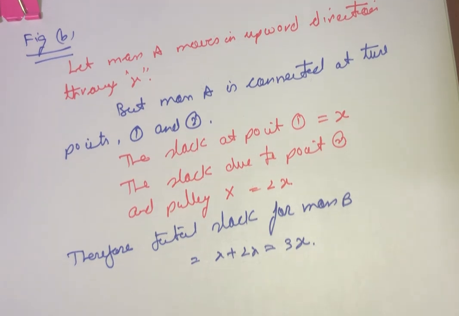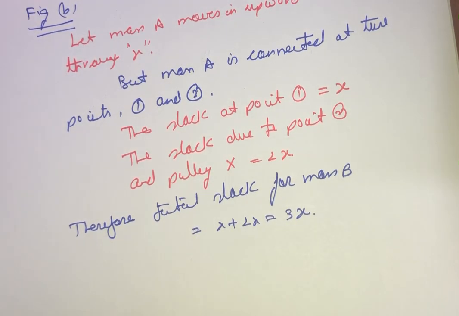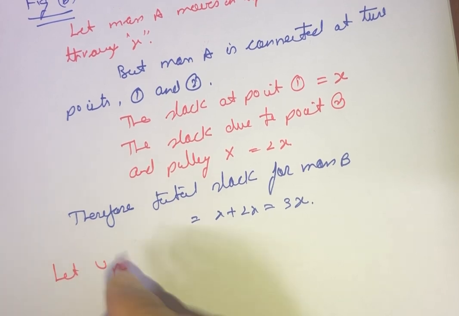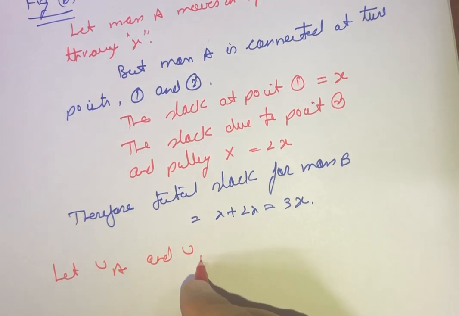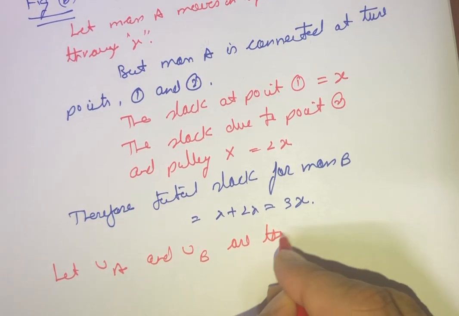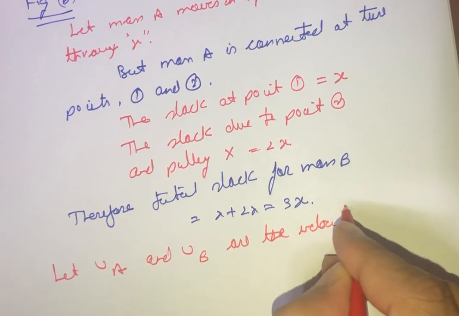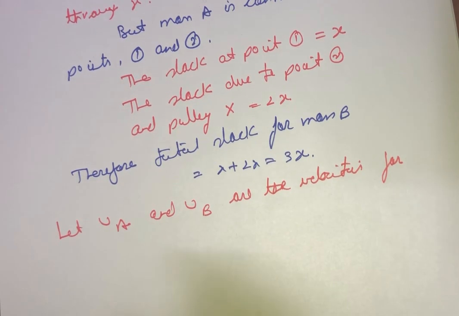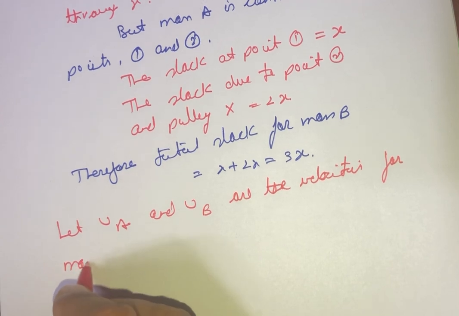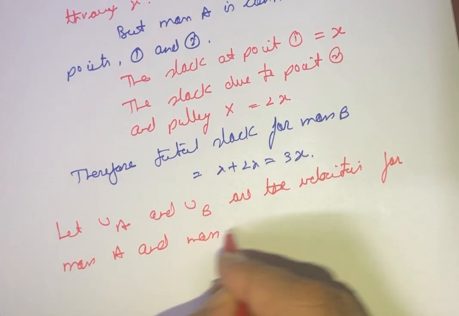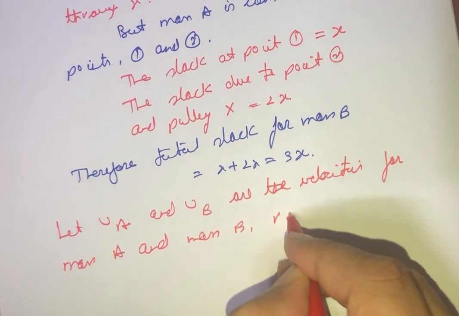Okay, and let VA and VB are the velocities for mass A and mass B respectively.